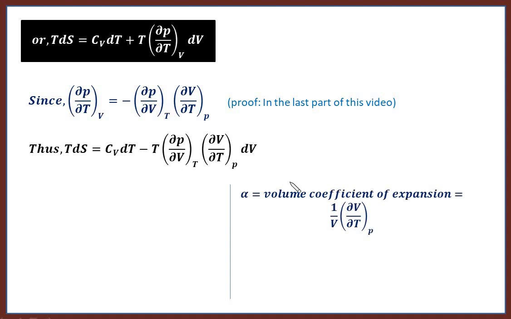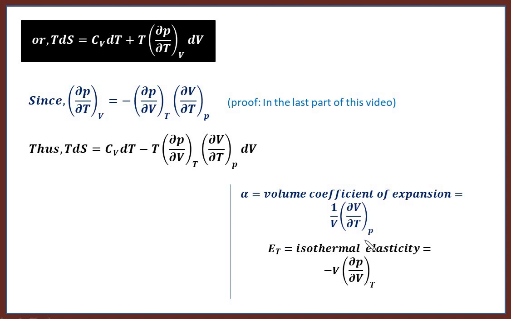Now the volume coefficient of expansion is given by 1 upon V into del V del T at constant P, and isothermal elasticity is given by minus V del P del V at constant T. These two are properties of the system.